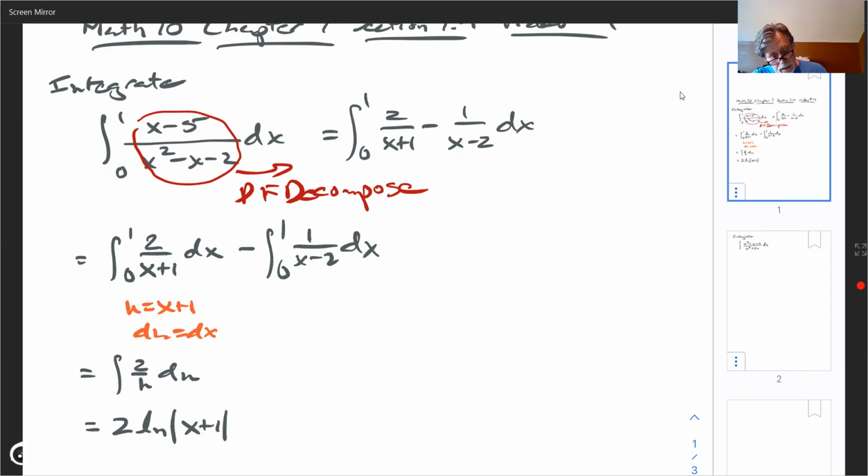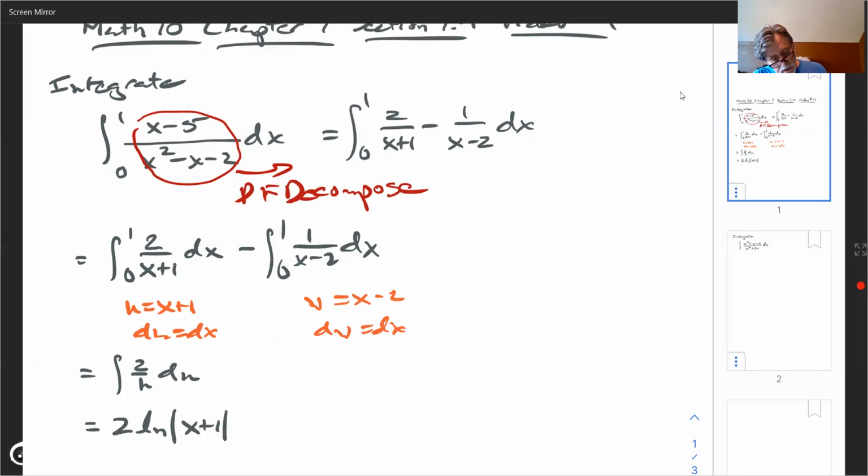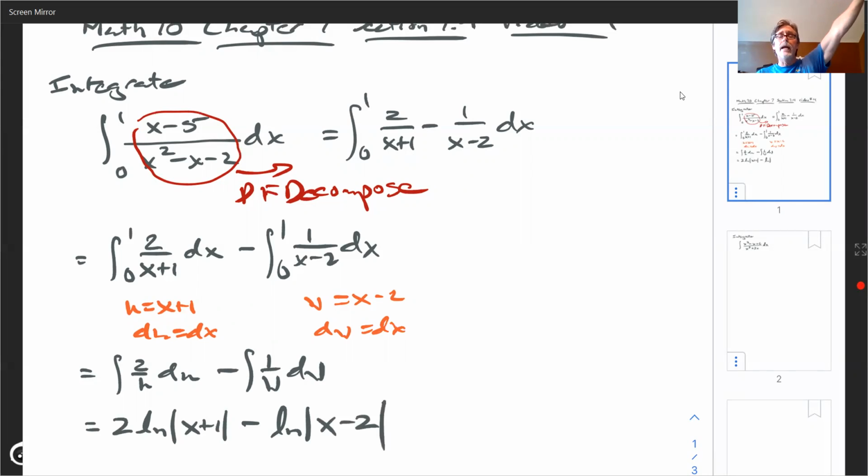If you let w equal x minus 2, then dw is merely dx. And so same story. You end up with minus the integral of 1 over w dw. So minus natural log absolute value of w, which is x minus 2. Hooray! We got limits. So we put those limits on, and the limits are 0 to 1.